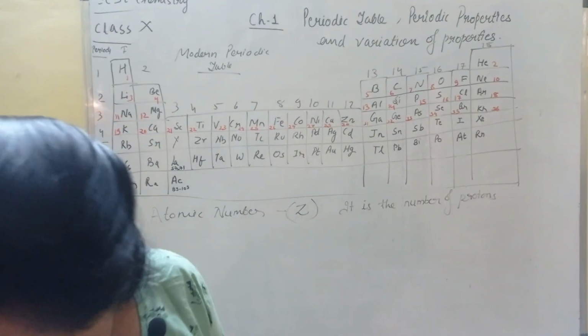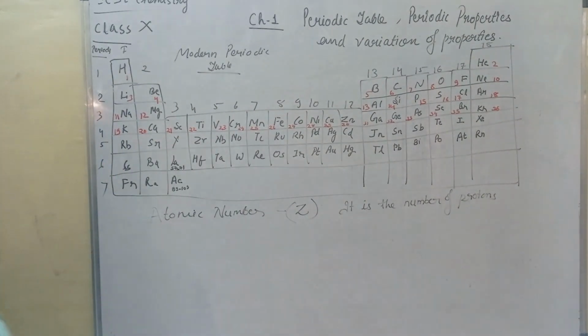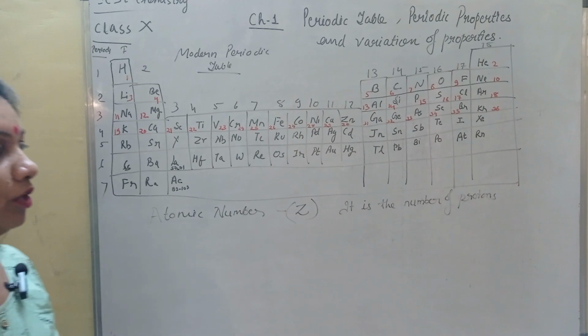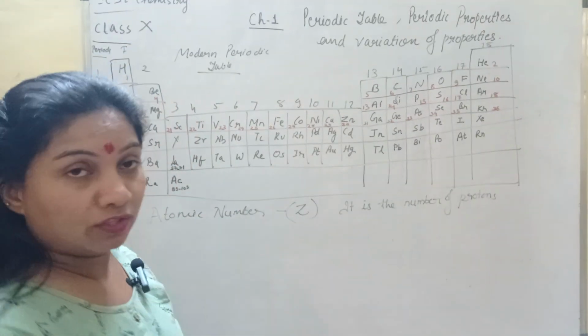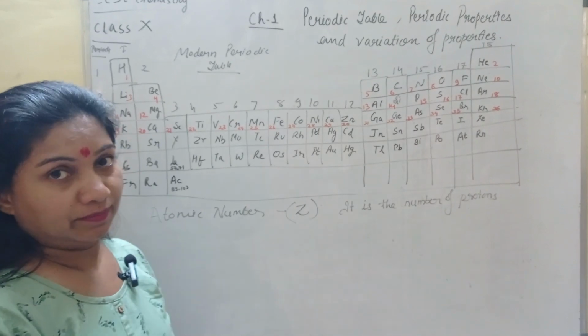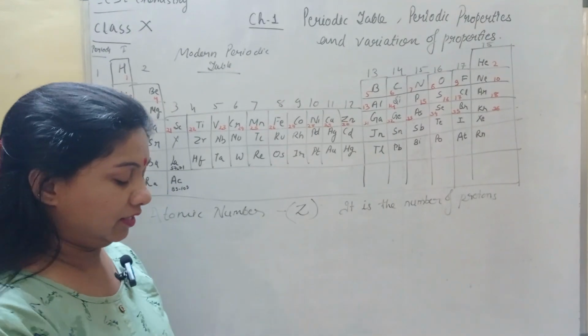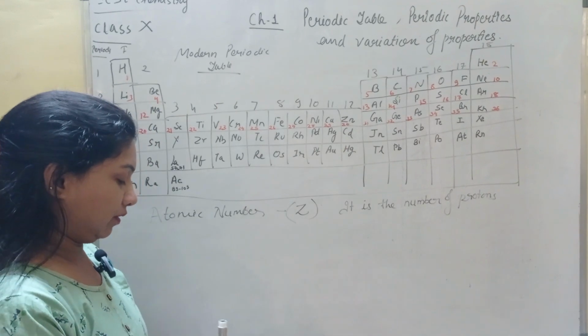You know the protons, electrons, neutrons. You all know this. So atomic number is the number of protons. Now what is protons? You all must be familiar with the structure of atom. So we will discuss the structure of atom first, then it will be clear to you.